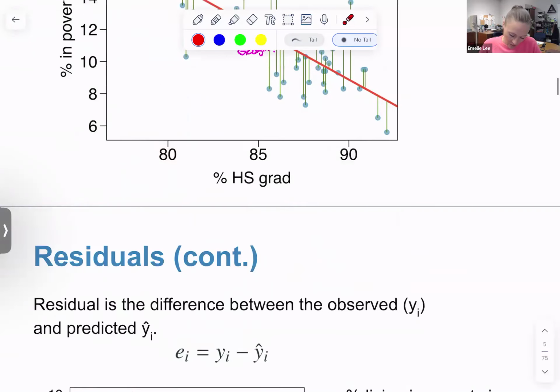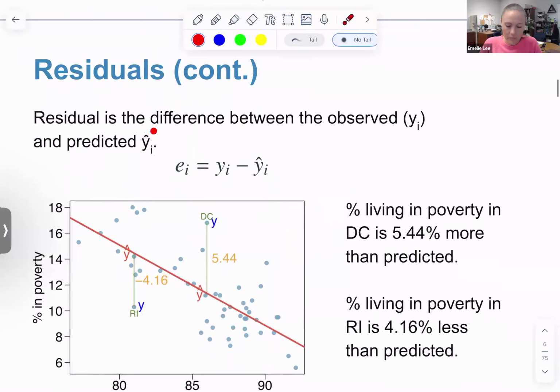I think the easier way to think about the residual is that it's the difference between the observed y and the predicted y at that point. So yi minus yi hat is the residual. The error or residual is the e. E came from the error term. How wrong is your line? You can think of it that way.